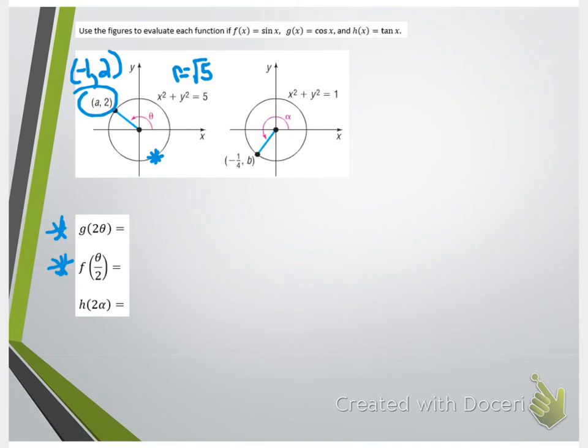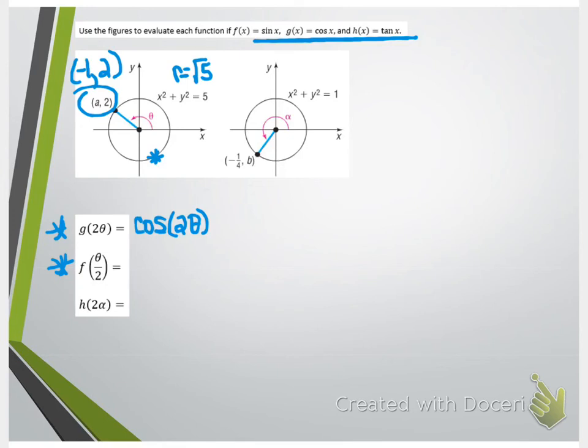Okay. So g of 2 theta. Up here at the top, notice there's this little box that says g is actually the cosine function. So what this first one wants me to do is the cosine of 2 theta. That's one of the formulas we'll have written down to start with.